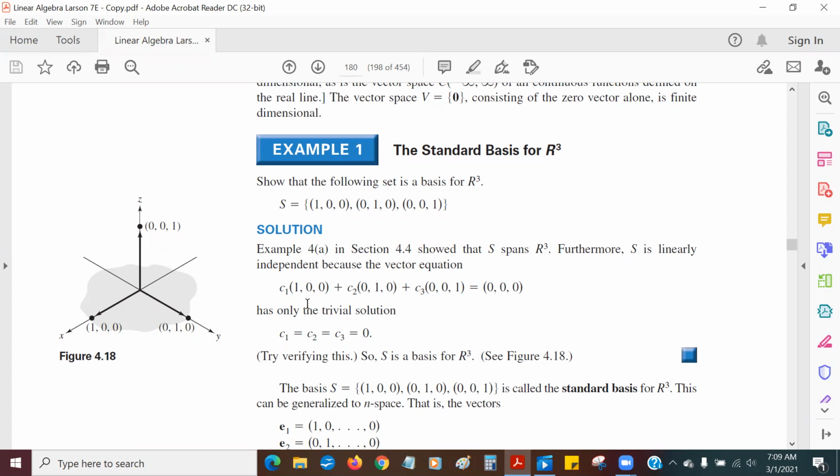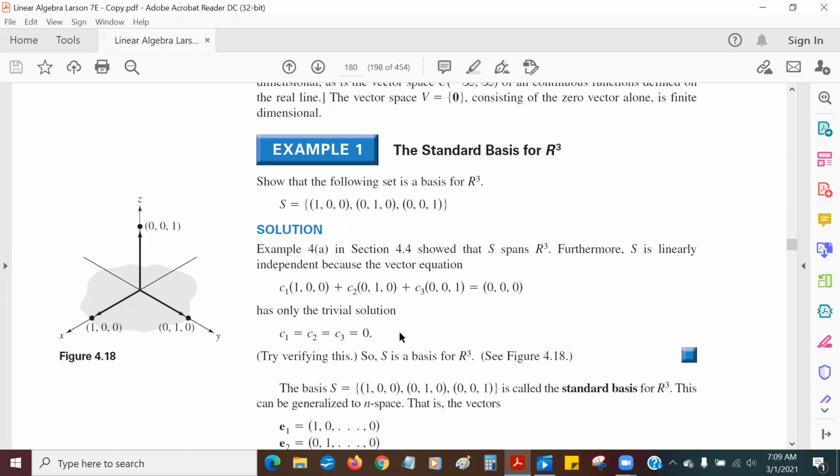It's also linearly independent, because if I look at this equation, c1 times the first vector plus c2 times the second vector plus c3 times the third vector equals (0, 0, 0), the only way this is ever going to work is if c1 equals c2 equals c3 equals 0, and that was the official definition of linearly independent. So here we have a set of vectors which is linearly independent, and it spans, so it is a basis.